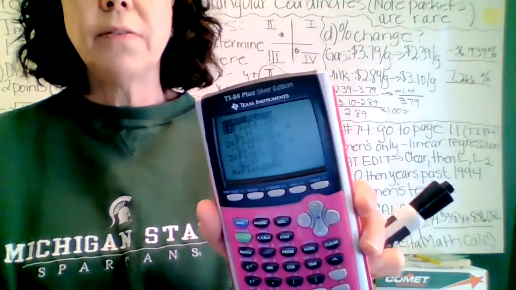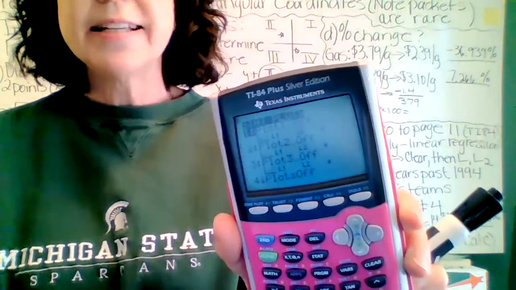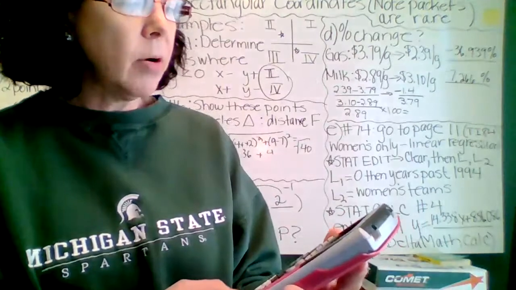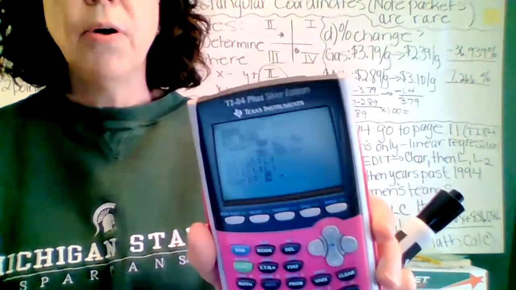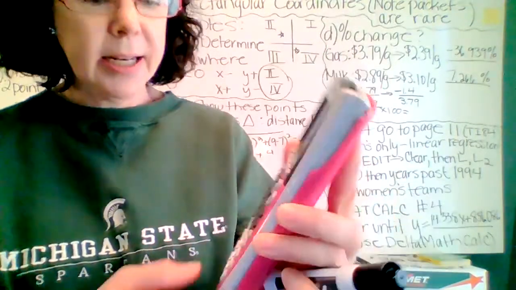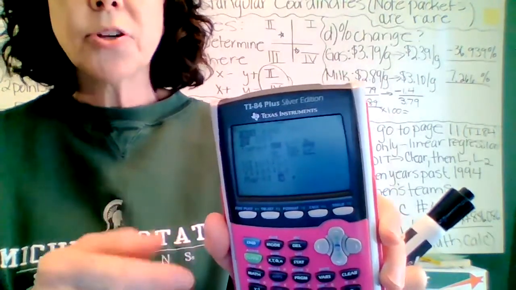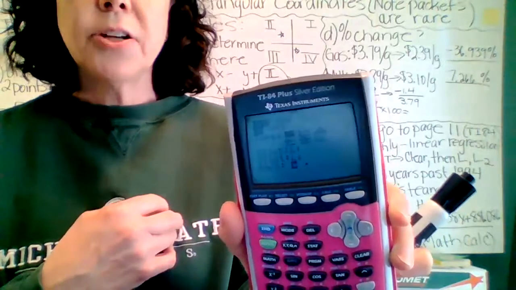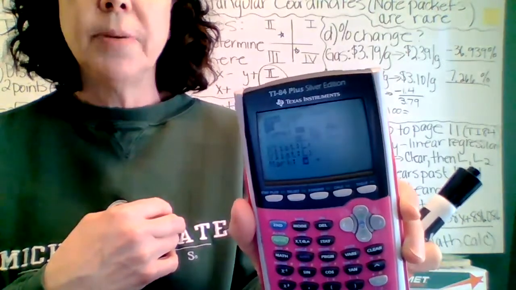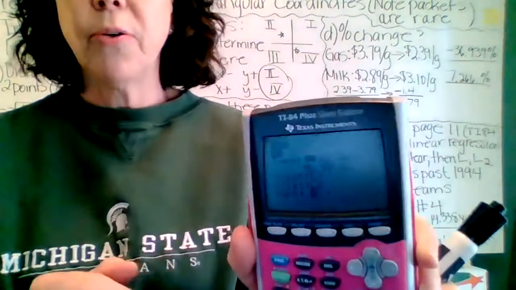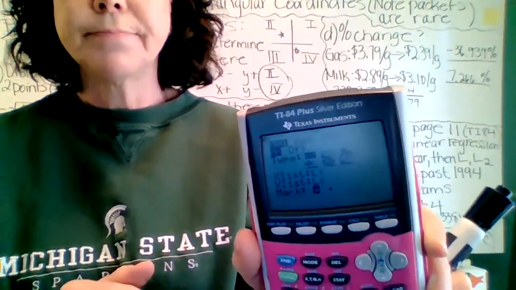We're going to make sure all of our plots are turned off except for the first one. I'm going to hit enter, and on is blinking, so I hit enter to make sure that's on. My type is correct. My X list should be L1, my Y list should be L2, and it is. And I make the mark a square or a plus, a little bigger than the dot.